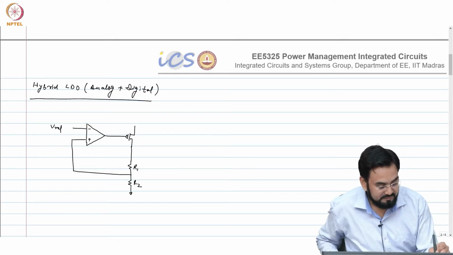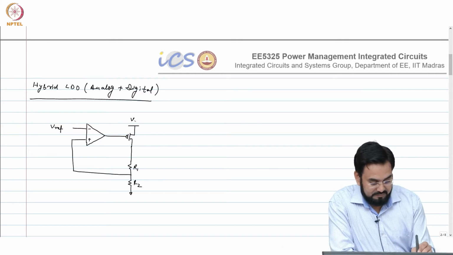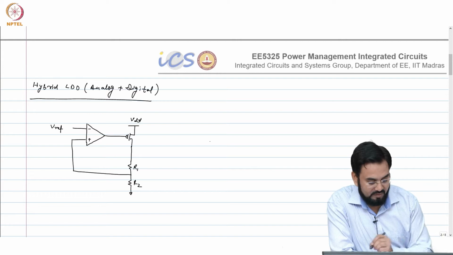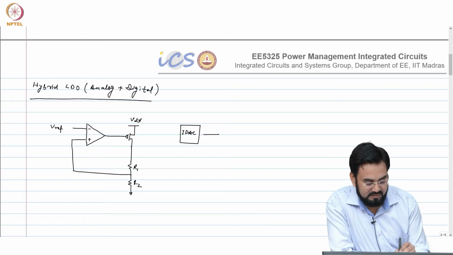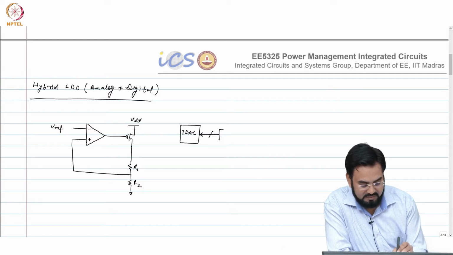VREF. So, you have IDAC, which is controlled by your accumulator, okay.